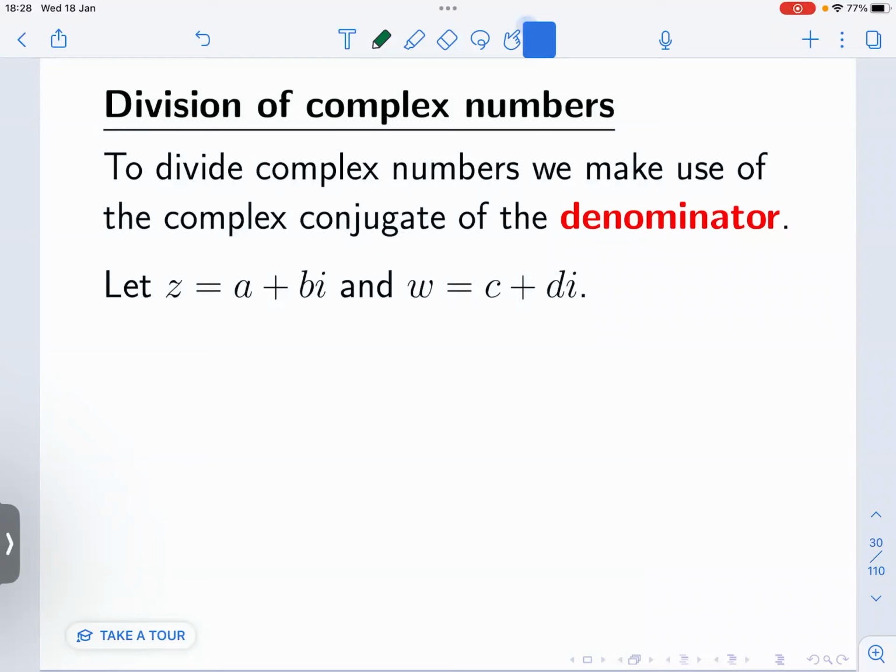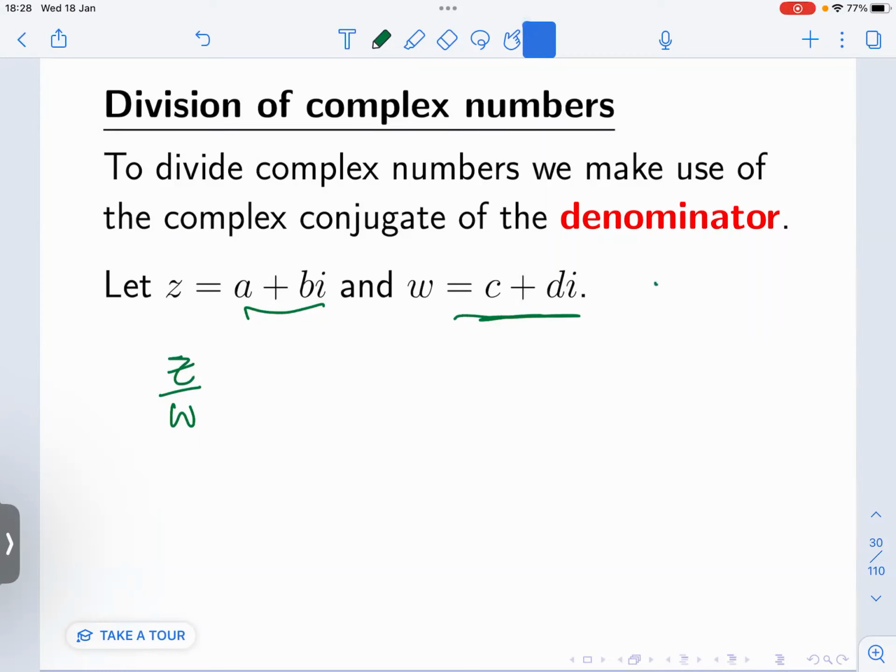Again, the general expression Z equals a + bi, and then we have W, which is c + di. When we calculate Z over W, we are simply going to multiply both the numerator and the denominator by the conjugate of the complex number in the denominator. So we see that our complex number in the denominator is W, and W is c + di.